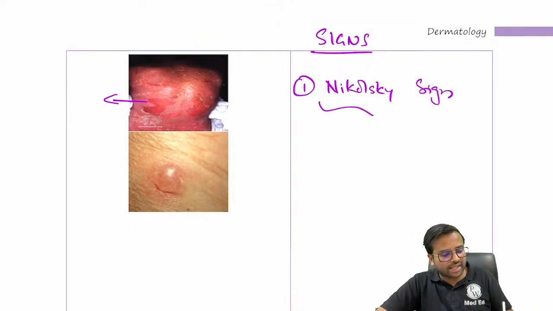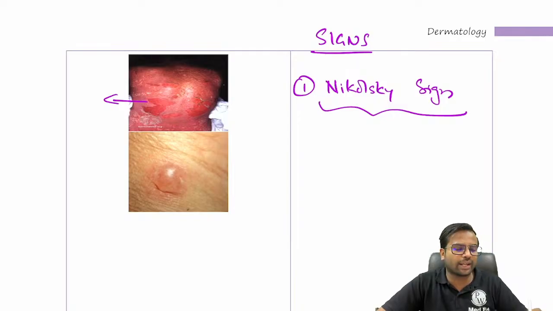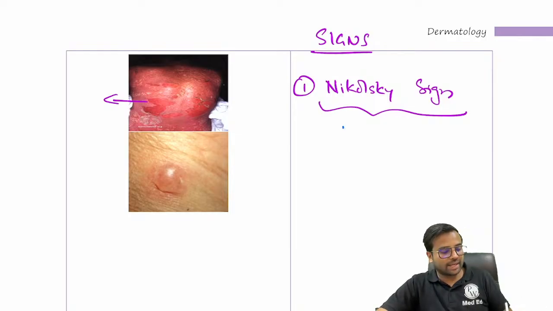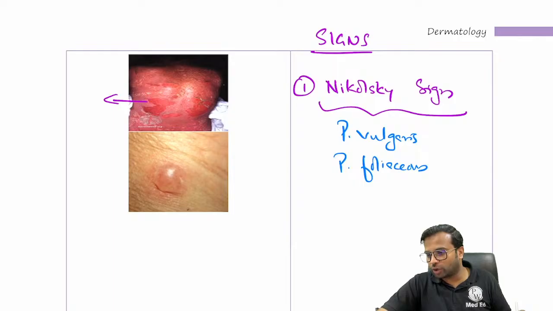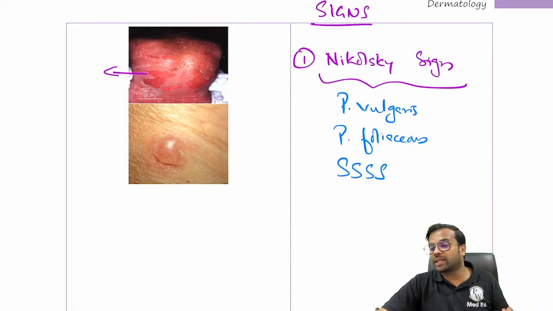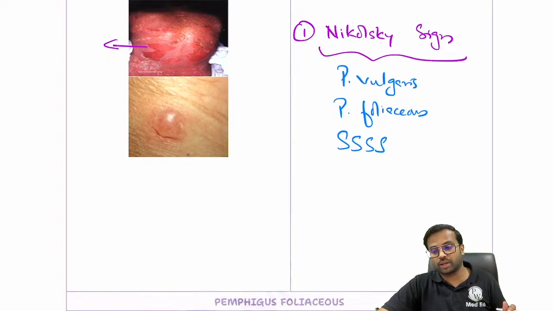And what are the diseases that come to your mind when I say Nikolsky sign? Nikolsky sign can be seen in which diseases? You can see it in pemphigus vulgaris, I agree. You can see it in pemphigus foliaceus. Any other disease where you can find a Nikolsky sign? Very good, Dr. Rishabh. It can be seen in staphylococcal scalded skin syndrome as well.